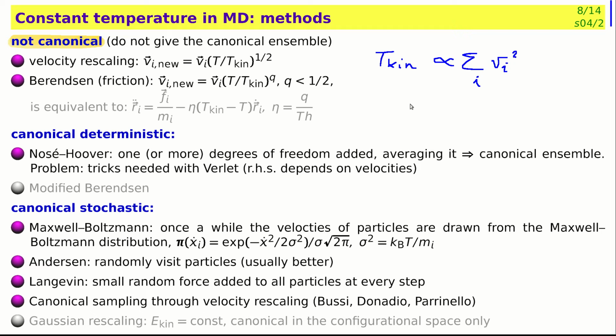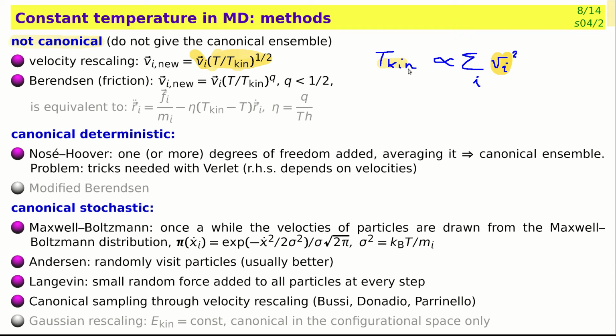Okay, so if our kinetic temperature determined from here differs from the thermostat temperature that we want to have, the temperature T, we simply get the correct scaling factor and multiply all velocities here by the same factor, and if we do this, we at this moment get the correct kinetic temperature.